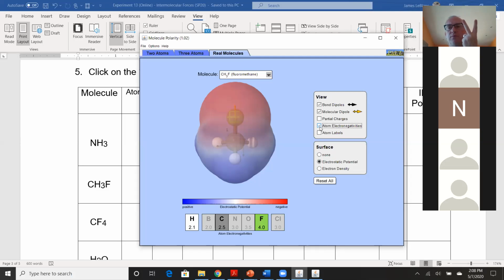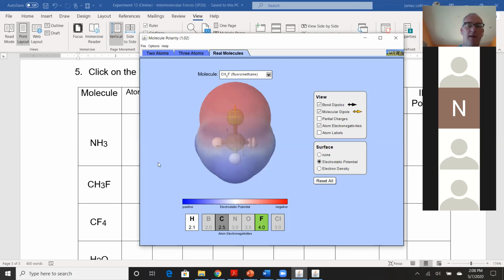Can it hydrogen bond? Remember, to make a hydrogen bond, you need two things. You need a hydrogen bond donor, and you need a hydrogen bond acceptor.